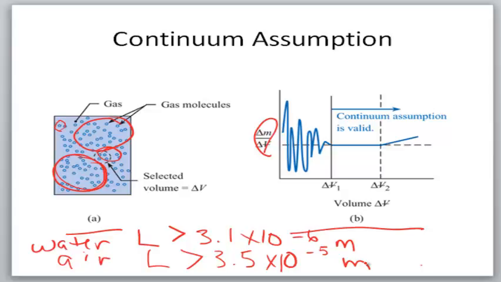The only time you might have to pay special attention is if you're doing some analysis at the micro or even the nanoscale. Then you can see that this assumption might not be met. Or if you're doing an aerospace application very high up in the atmosphere, then again, the molecules might be so far apart that we would not satisfy the continuum assumption. But basically speaking, for most of the applications that we do in this class, it's going to be valid.